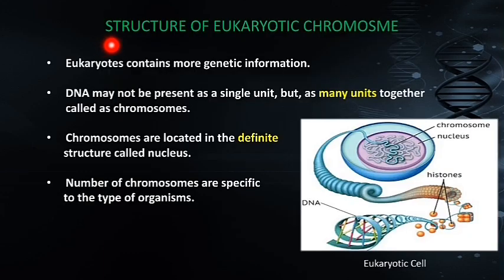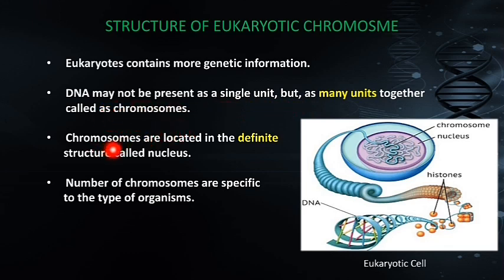Now let us understand the structure of the eukaryotic chromosome in detail. Eukaryotic chromosomes are present in all plants and animals. As eukaryotes are multicellular, they contain more genetic information, and the genetic material does not exist as a single unit but is present as many units, which are called chromosomes.